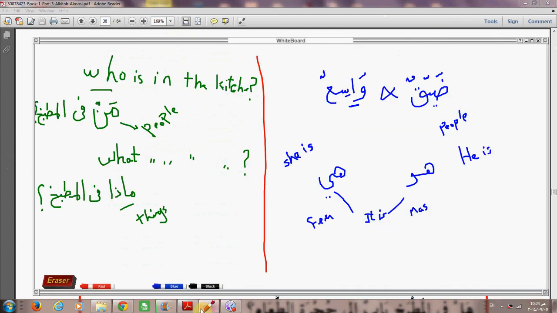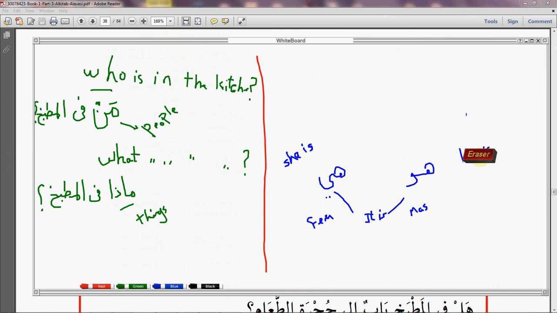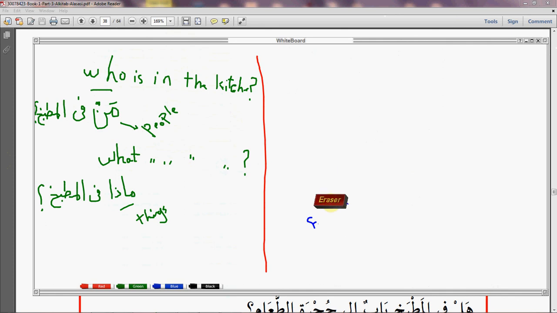Now look at the word سلة. سلة in general means basket. So this word is not only related to the rubbish.